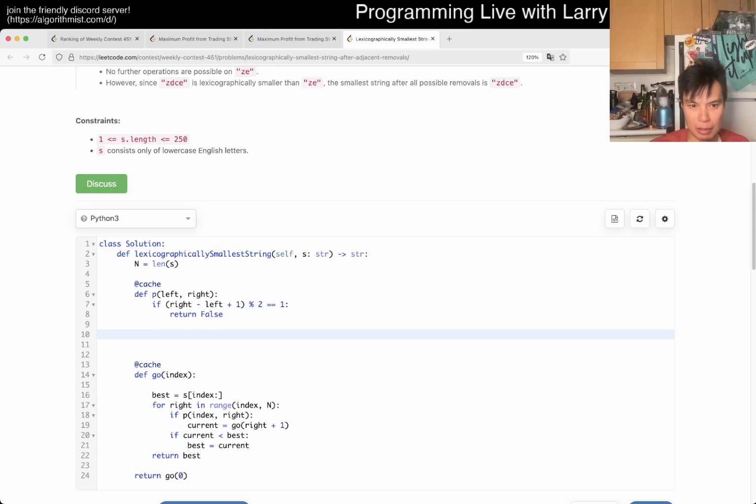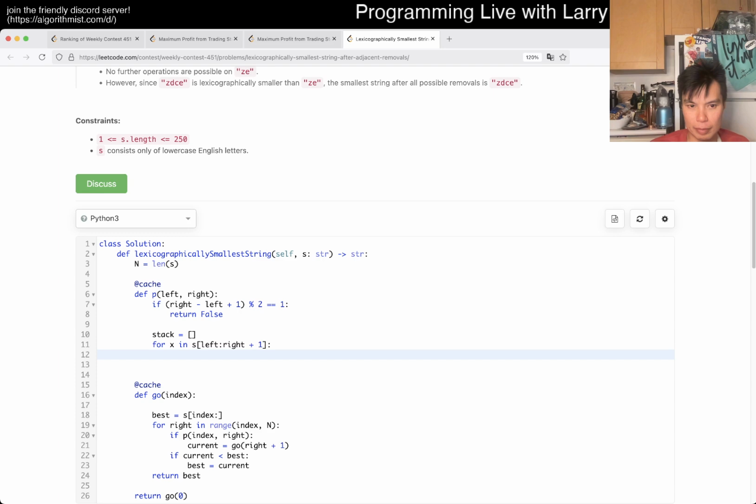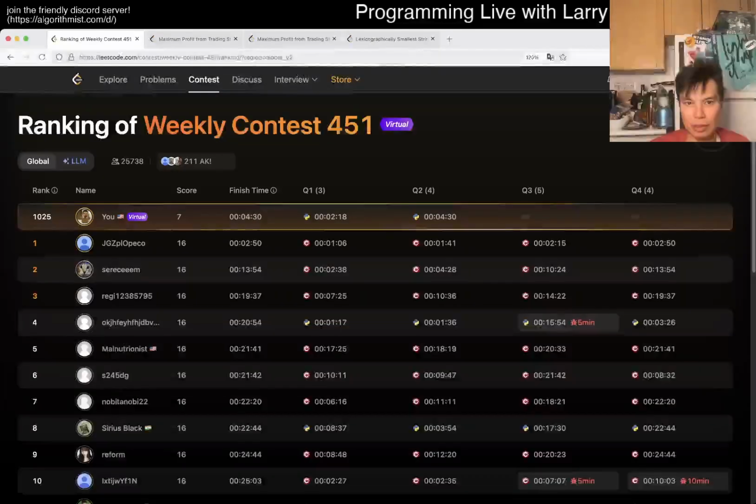So yeah, so stack. I rewrote this code, so why not?